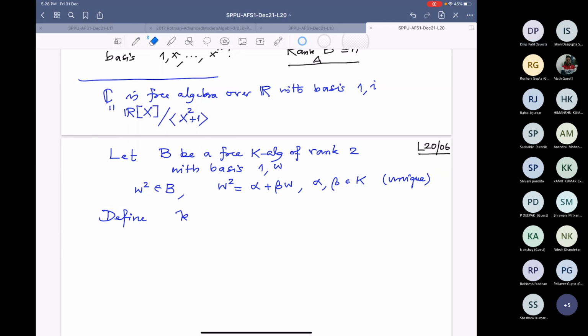Sigma from B to B. And I want to define this as a K algebra homomorphism. Right? All right. So what do I do? Take any element of B that is uniquely written in the form lambda plus mu W. An arbitrary element of B will look like this, lambda, mu are in K.